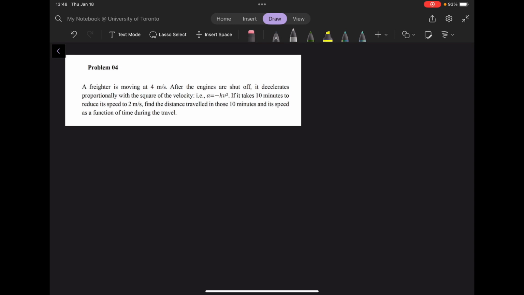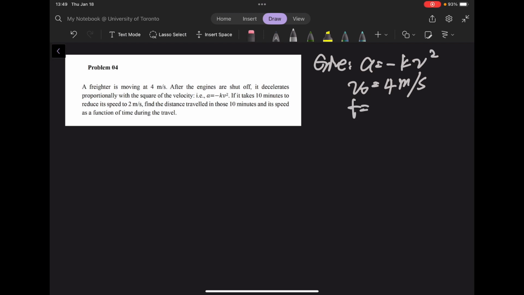Question number 4. A freighter is moving at 4 meters per second. After the engine is shut off, it decelerates by negative kv square. So we have a is equal to negative kv square, and initial velocity is equal to 4 meters per second. It takes 10 minutes to reduce its speed to 2 meters per second.